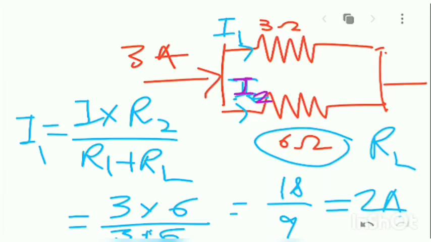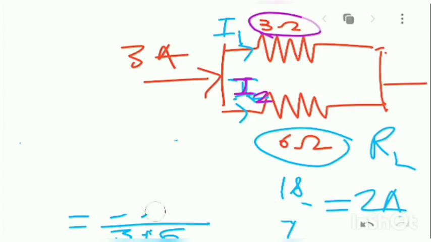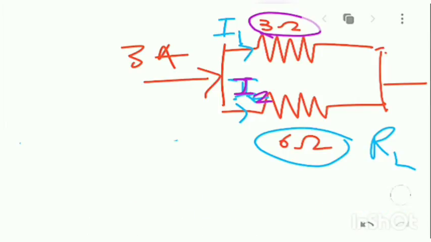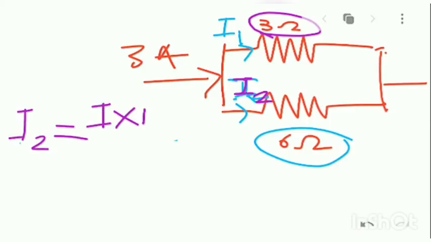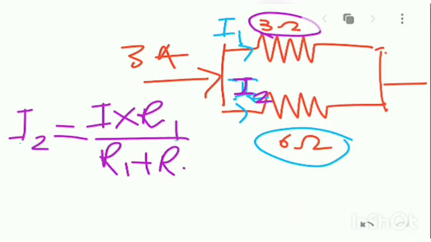Now for this portion I have to choose R1 resistance, just like I told you in the formula. So if I am asked to calculate I2, it will be I into R1 by R1 plus R2.